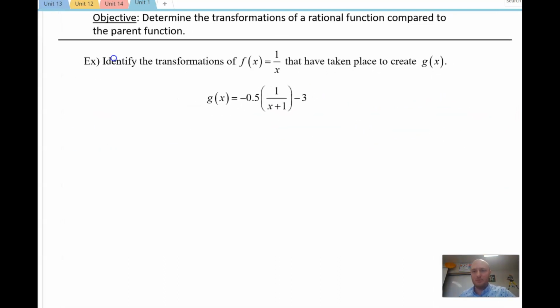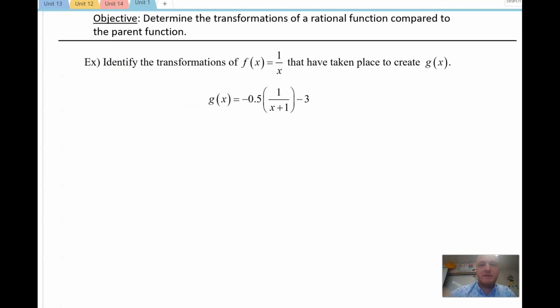All right, last example. Here I have an a value that is negative 0.5. I have an h value that's negative 1 and a k value that is negative 3. Let me practice good habits. Negative 0.5.